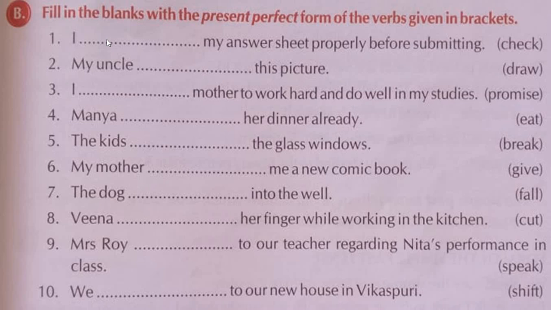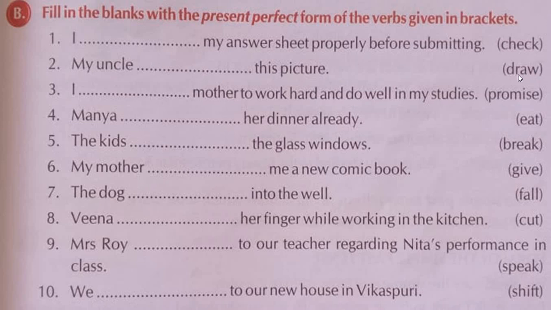I have checked my answer sheet properly before submitting. Number 2, my uncle. My uncle is third person singular. So what helping verb will you put? Has. My uncle has.